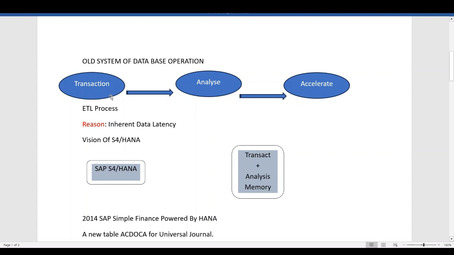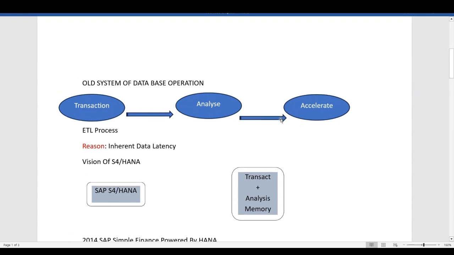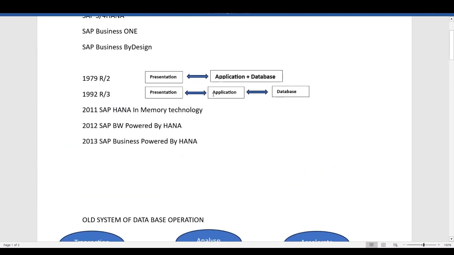Once the data is entered, it is transferred to the next table, that is the analyze table, and in this table the data gets analyzed. Then it transfers the data to the accelerate table where the data is processed and generates the output information.